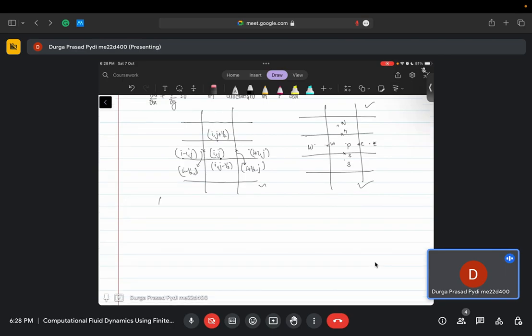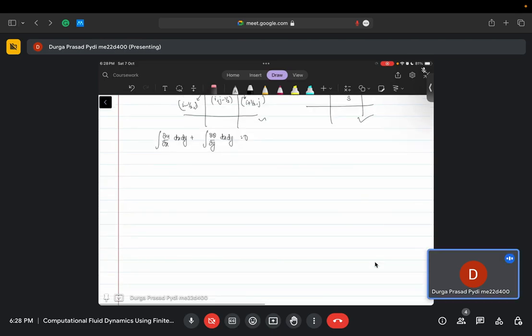So when you discretize, what are the terms you will be getting? Though there is no rho, even if I put a rho, it shouldn't make any difference. So let's assume that rho is 1.